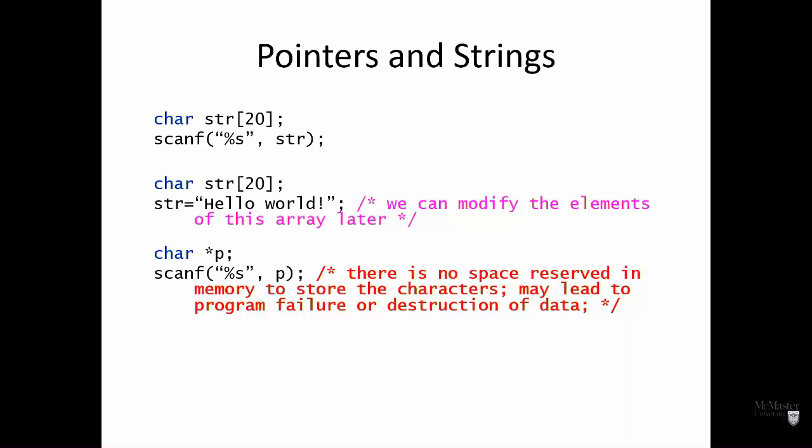Right? So if I assign this string hello world, and then I define another pointer of type character, and then if I do the same thing as I do here, I would have a big problem. Why?